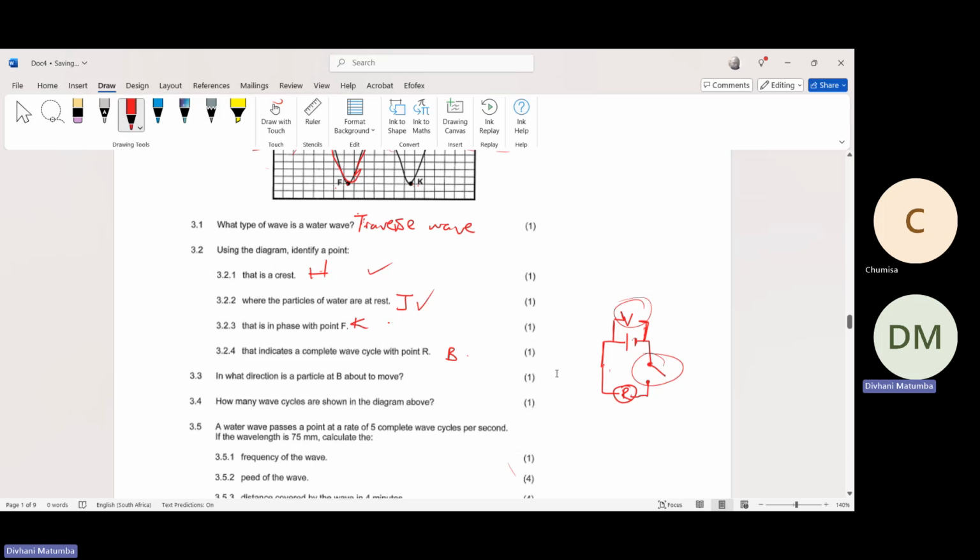So if you have a circuit like that, the reason why we put a voltmeter in this orientation is we are trying to measure the potential difference.